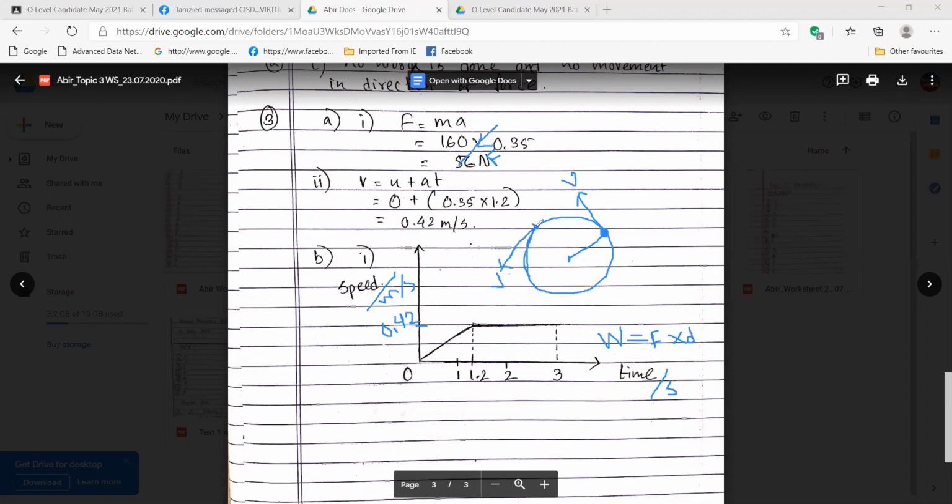The speed it already has, it will keep, going in a straight line with the same speed. That's why there is constant speed. You understand it, right? Yes, sir. Okay, thank you so much.